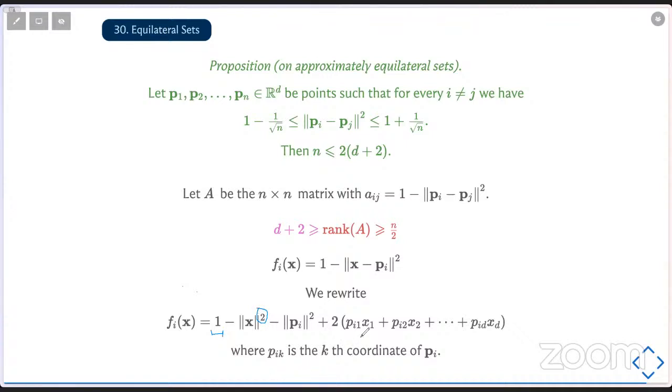And then we have these terms, which are basically, in some sense, pulling out the individual coordinates.